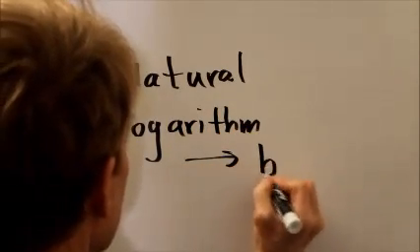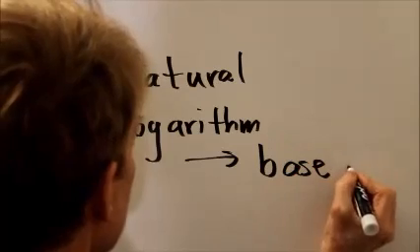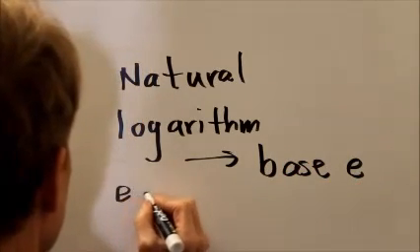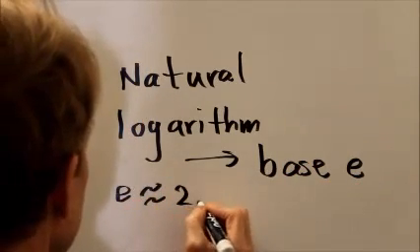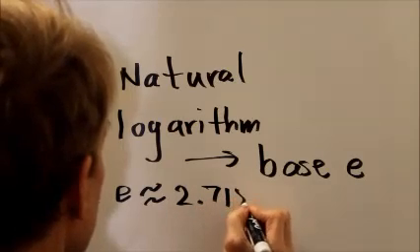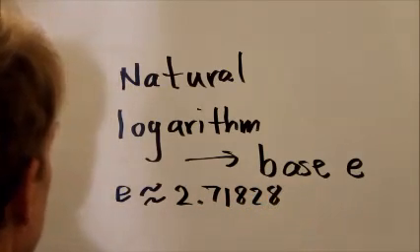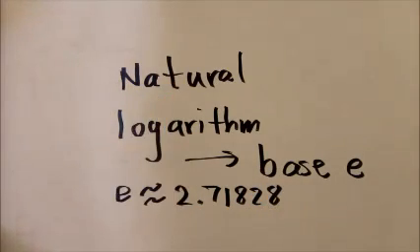means we use a base of e, where once again e equals approximately 2.71828. The natural logarithm of 0 or any negative number is undefined, just as is the case with the common or base 10 logarithm.